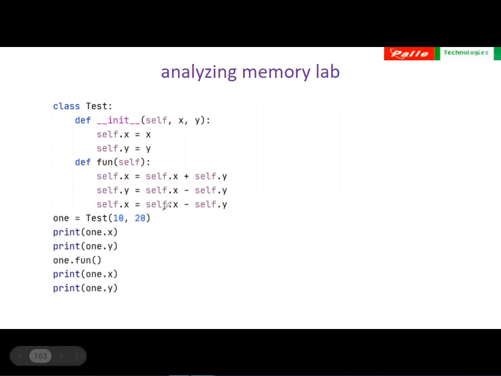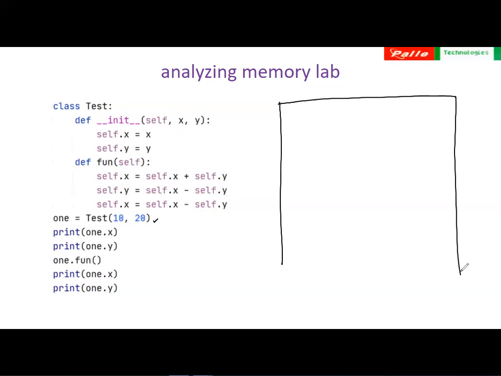So when you write this code, what will happen? Inside the RAM memory, a variable called t1 will be created. After that, we will move to the right hand side.